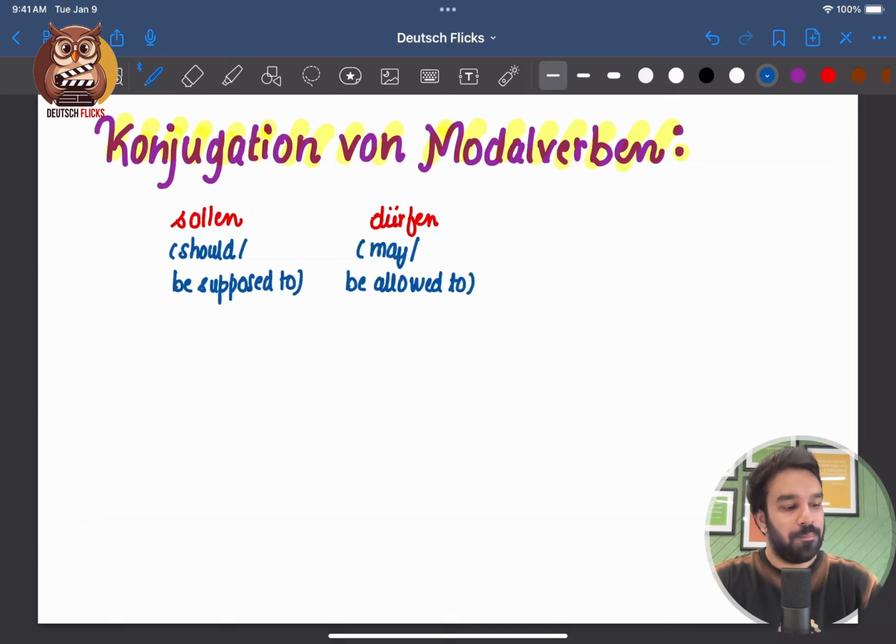Then we have mögen, which means to like. And at last, the verb möchten, which means would like.